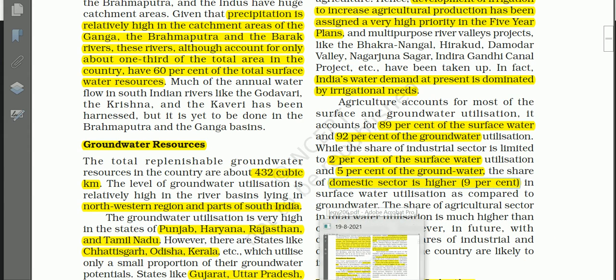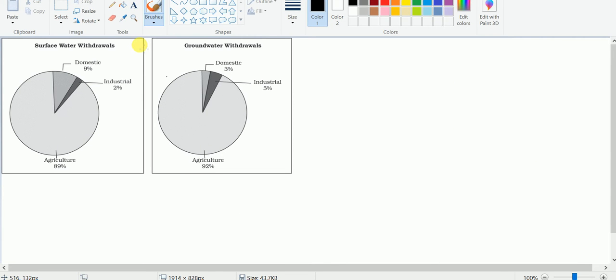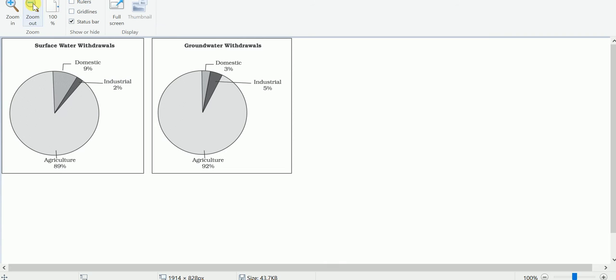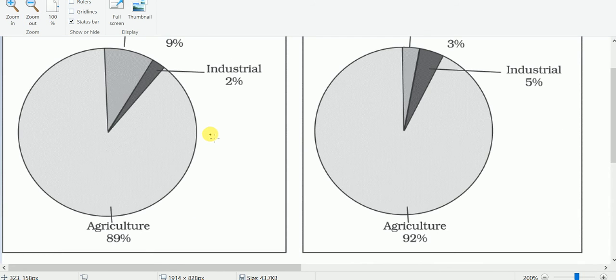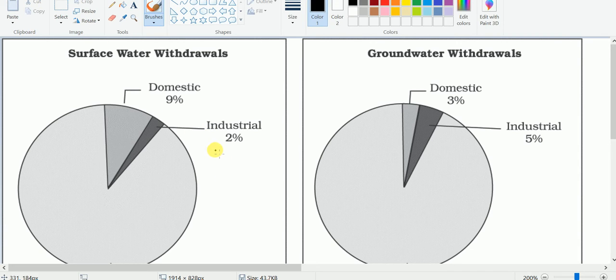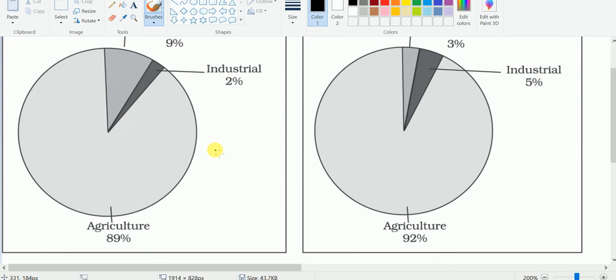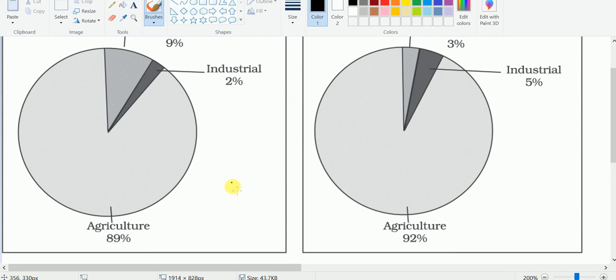Here, you will find this pie diagram in the old edition book. This is about the sectoral distribution of surface water and groundwater utilization, and in both cases, you will find that agriculture shares the maximum.